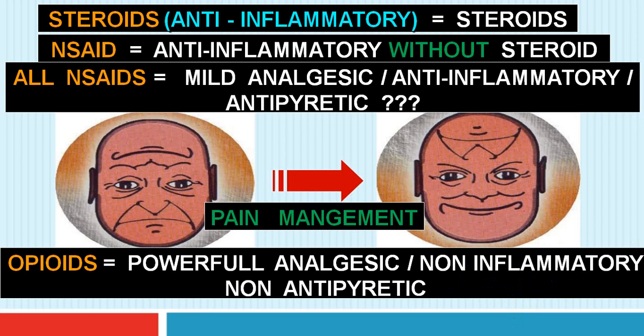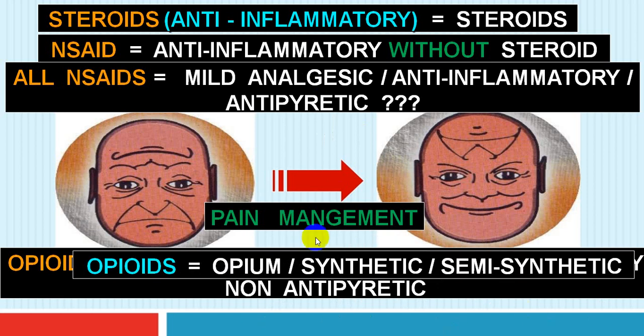So opioid is not the drug of choice in a person with an infective or non-infective etiology producing inflammation, and it will not reduce your fever. So if a person has fever with severe headache, opioid should not be given. So that will be the answer.